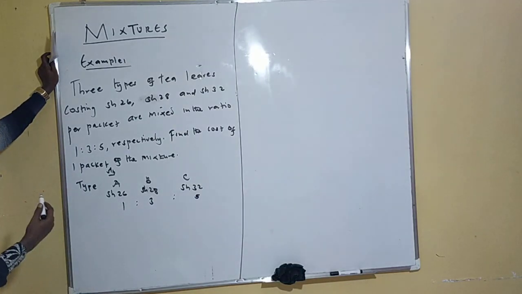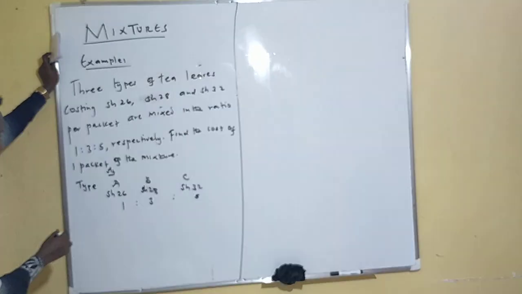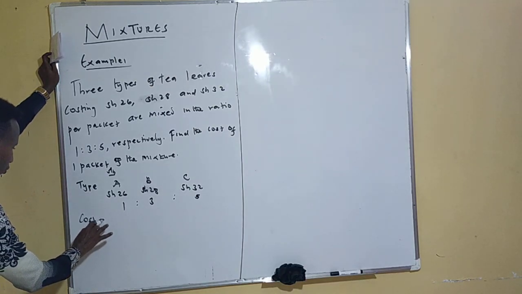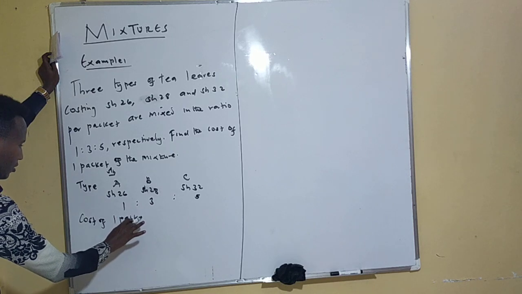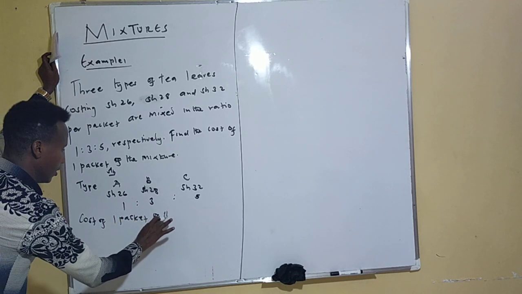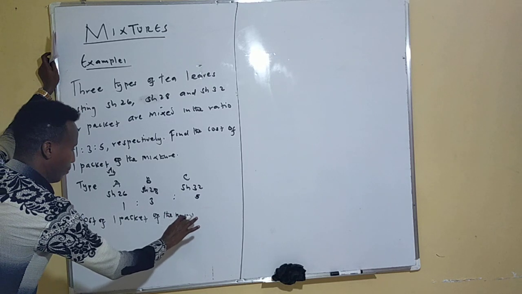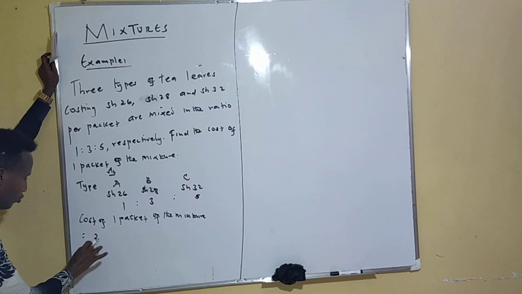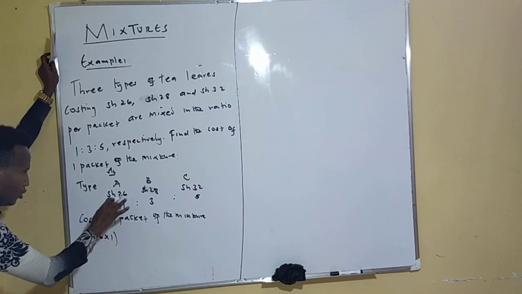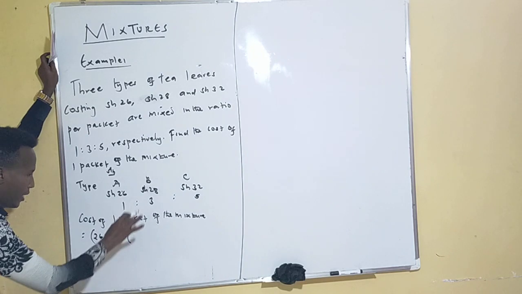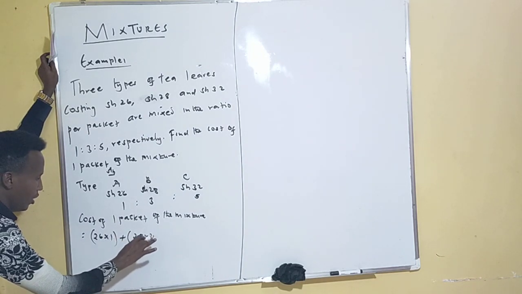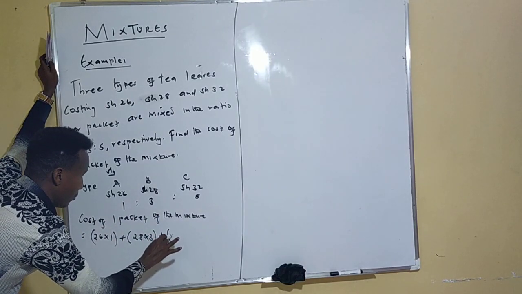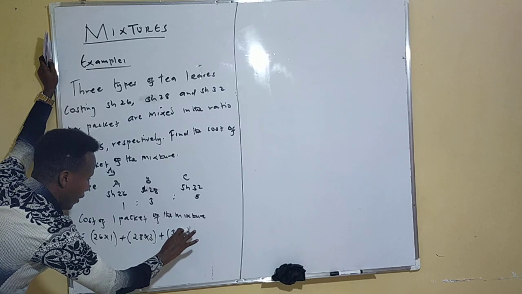So when you want to get the cost of 1 kg or 1 packet of the mixture, we are going to say cost of 1 packet of the mixture will be 26 times 1, close the bracket, plus open the bracket, 28 times the ratio given, 3, plus open the bracket, 32 times 5.